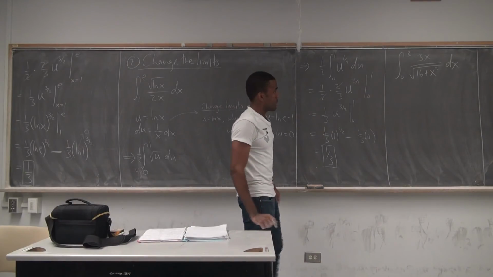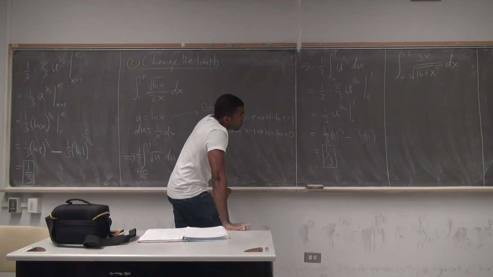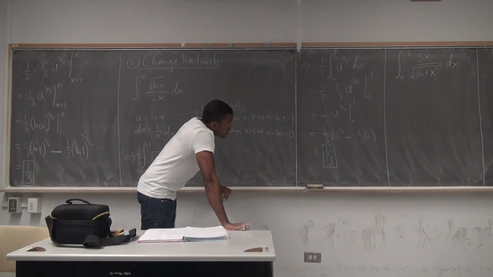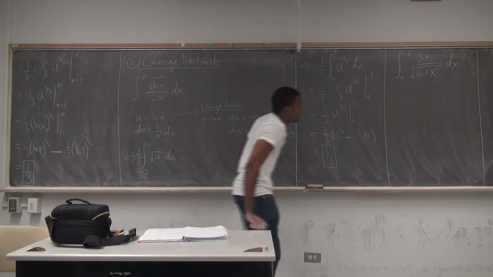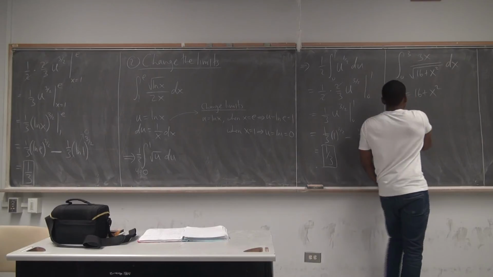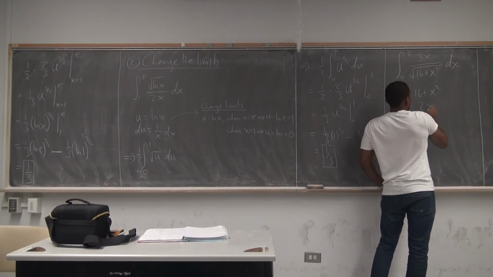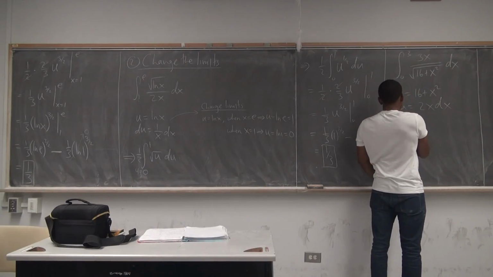Ideas? Your du would be 2x dx. I have 3x dx, so solve for the dx.